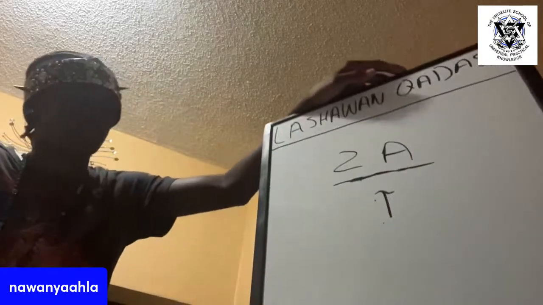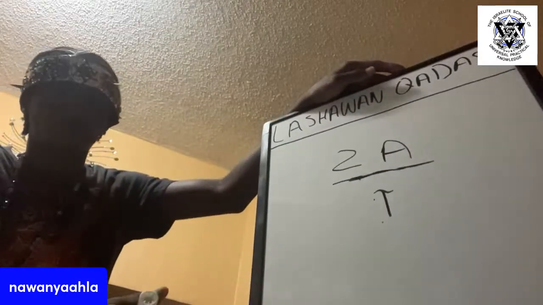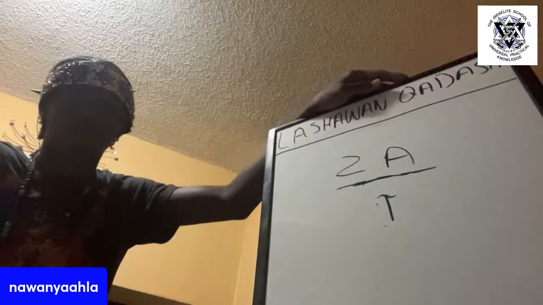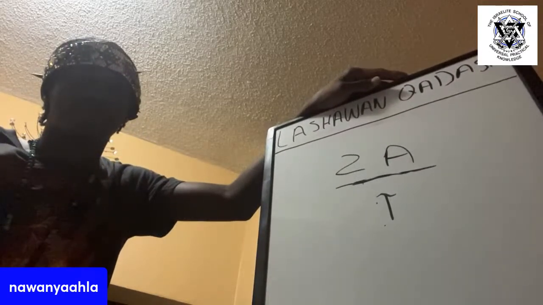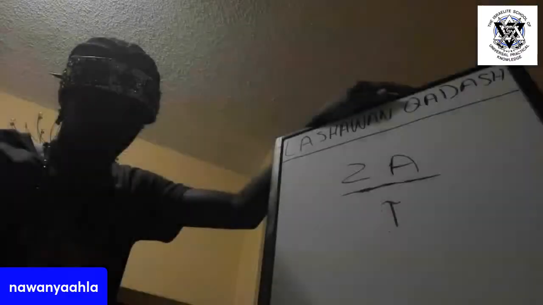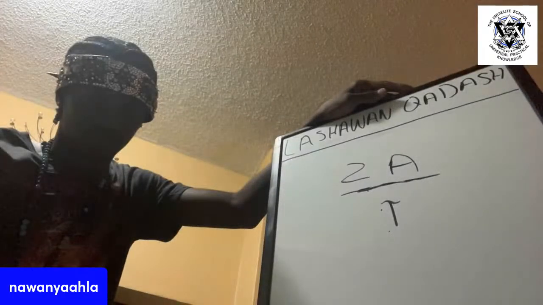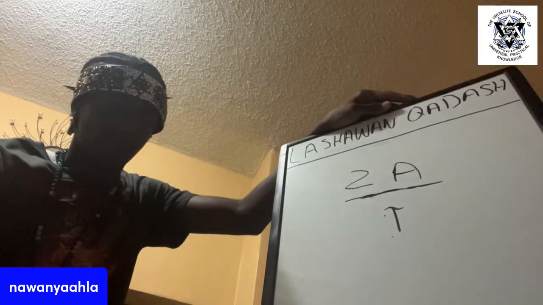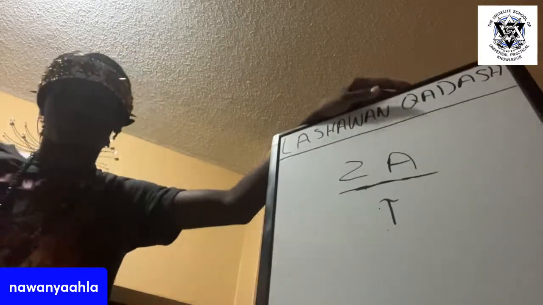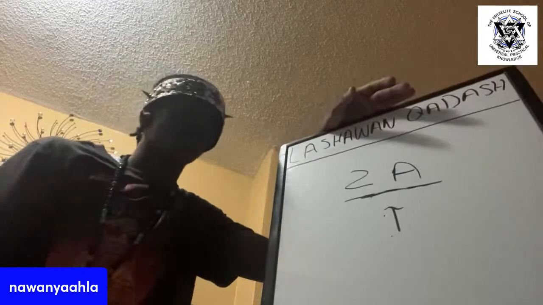The Za in the Assyrian Hebrew. This is the Za. Next up, we got the Ka.